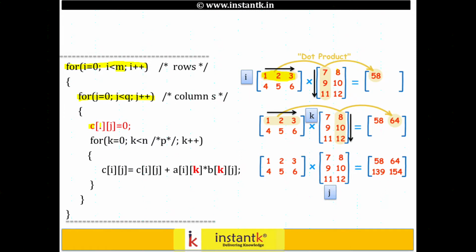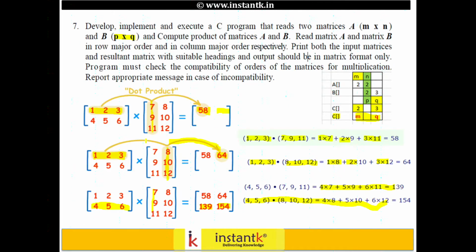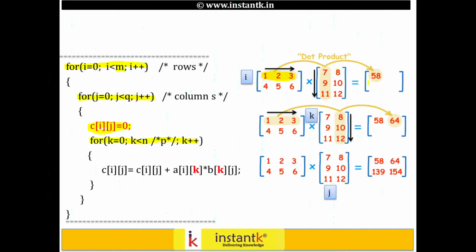Okay, and for the output we initialize C of i, j to be 0, and for the final inside core for loop, k is equal to 0, k is less than N or P. Any one you can use, because N and P are going to be the same, so you can replace any one.